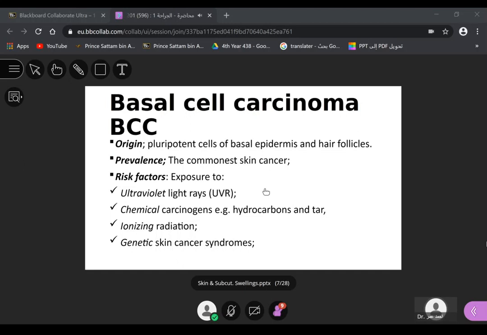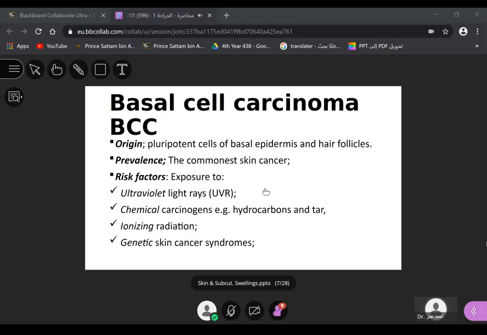Okay, and there are certain risk factors for basal cell carcinoma, and actually the risk factors are more or less the same for most skin cancers. One of the most important risk factors is the ultraviolet light coming from the sun.